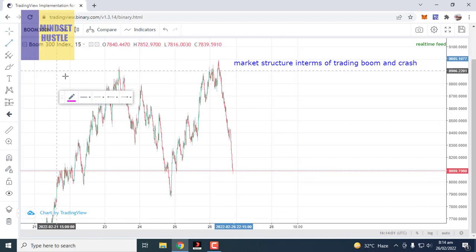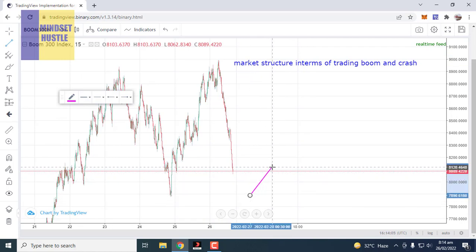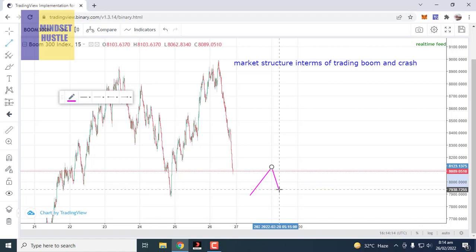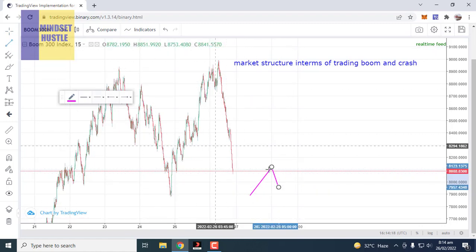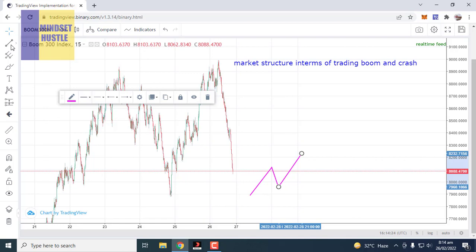So for instance, let's say the market is moving up, making a series of highs and lows. Market is making a series of what? Highs and what? Lows in the market.